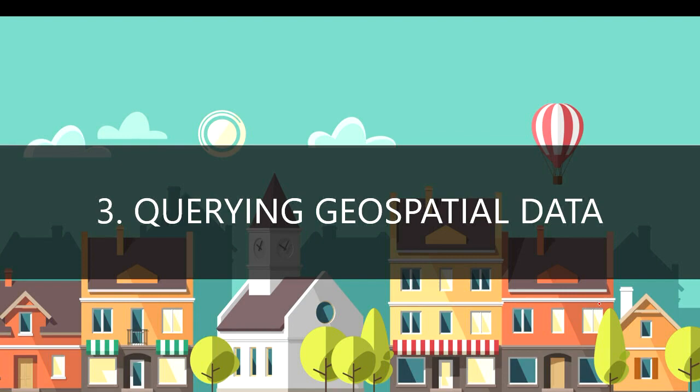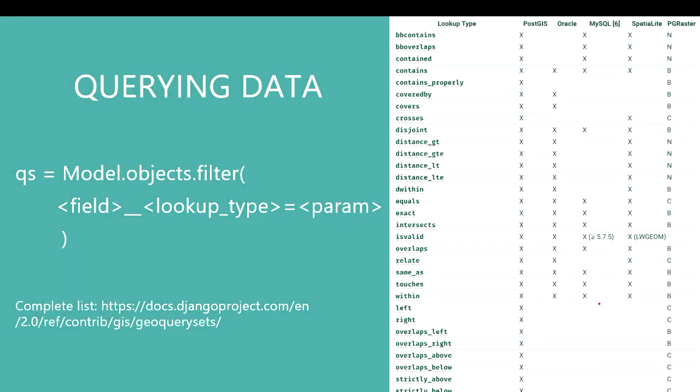So, querying geospatial data. Everyone loves query sets, right? Just as much as we would do with our regular query set, where we might have something like amount is less than or equal to some query value, we just substitute in a geospatial function, something like distance is less than or equal to.